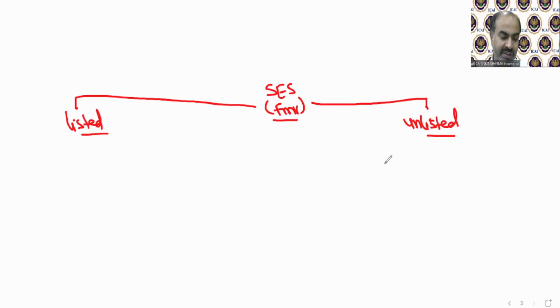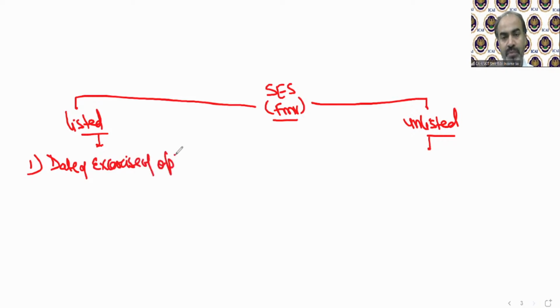If it is listed, how will it be calculated? It says we need to take the value on the date of exercise of that option, the date the sweat equity shares offered to you.